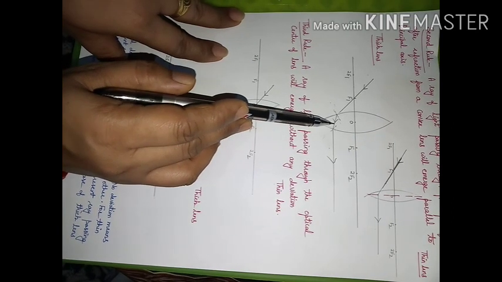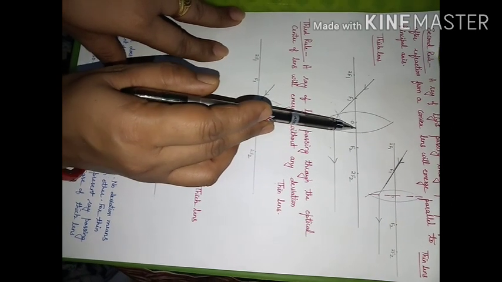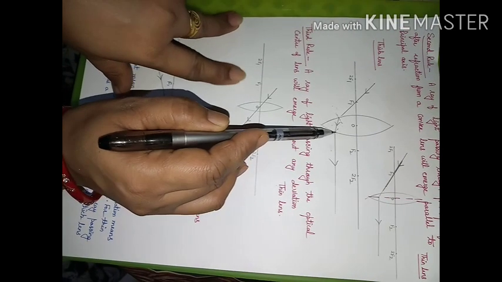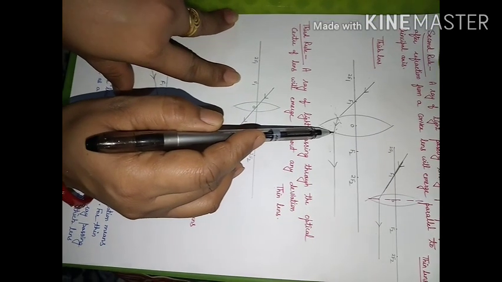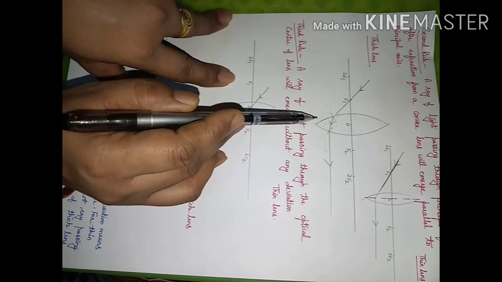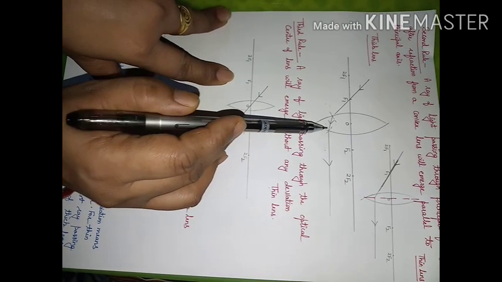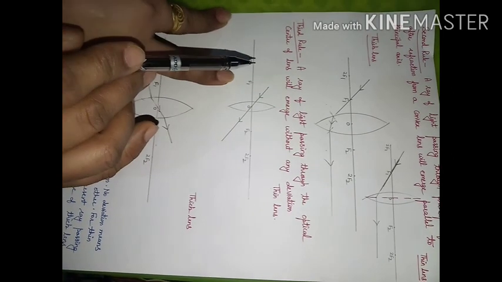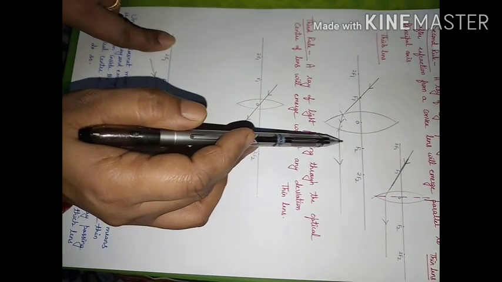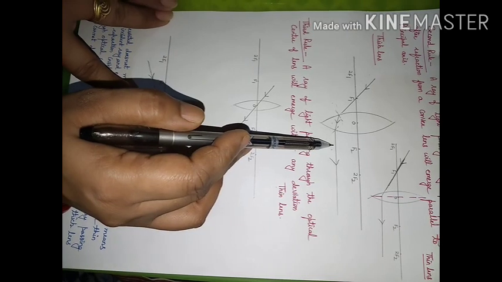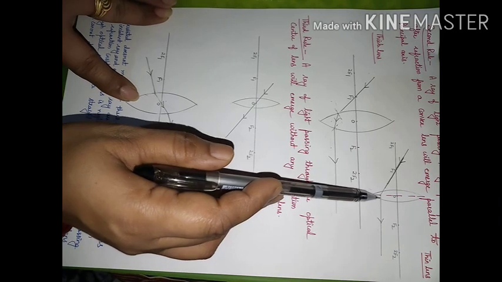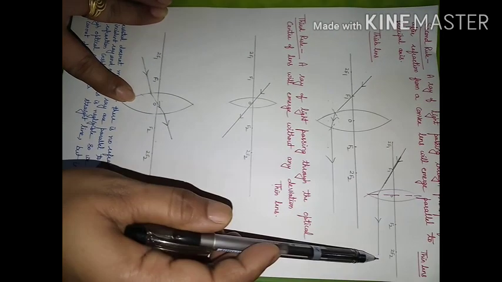It means this ray of light will be bending towards the principal axis. And the second refraction it will suffer at this face when it goes from denser medium to rarer medium. Then it will go away from the normal that you have considered. So finally it will become parallel to the principal axis. So a ray of light that is first passing through the focus, after refraction will become parallel to the principal axis.